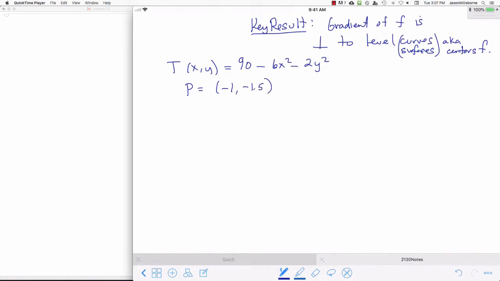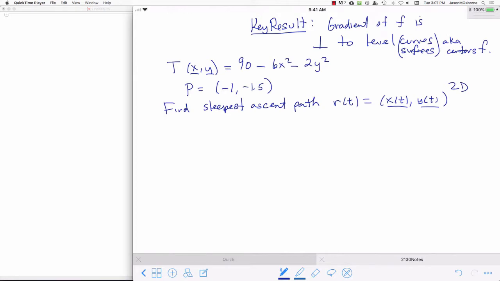Our goal is to find the steepest ascent path, r of t, where r of t is going to be x of t, y of t. It's only 2D, because there are only two variables for your temperature function.